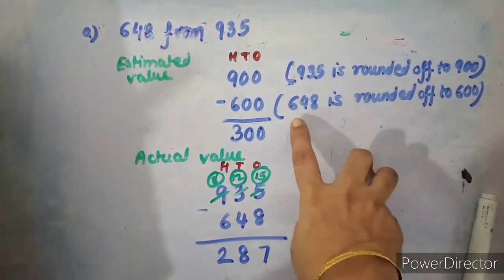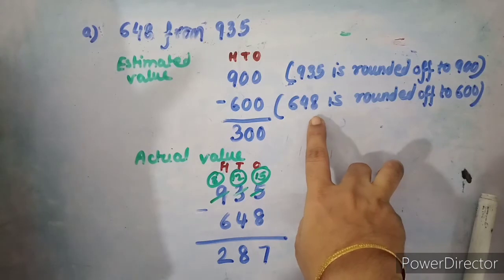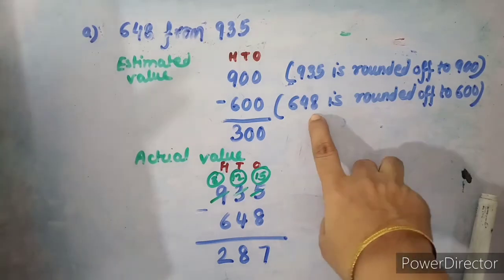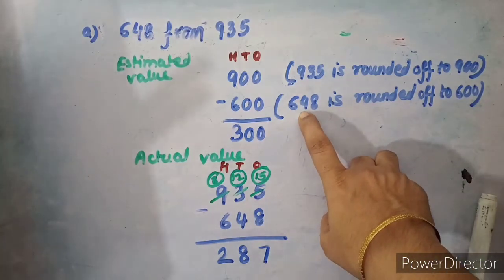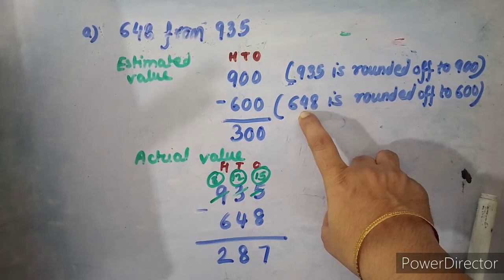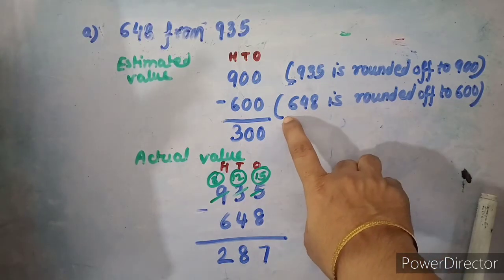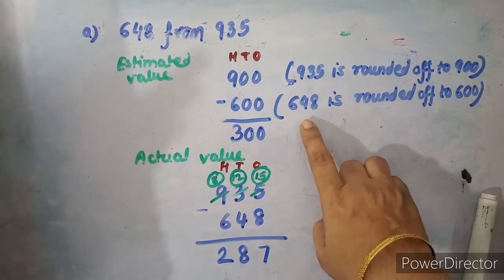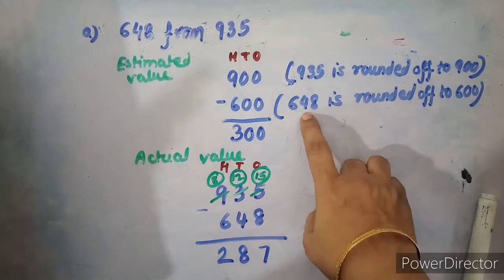Okay, similarly for 648 again you have to round up the values. So here you can find that in tens position you have 4 which is less than 5. That is why you don't have to add anything over here and you can write 0 in place of 4 and 8.